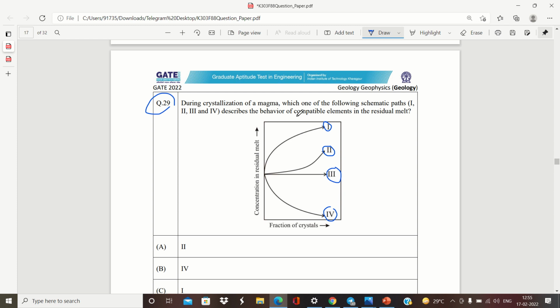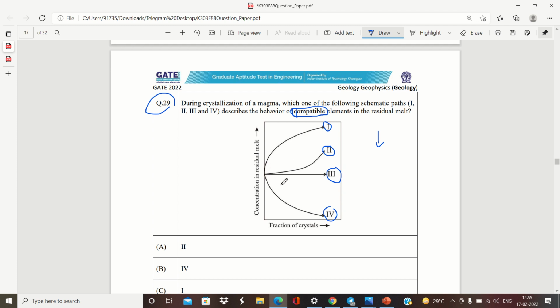So do you know what is the behavior of a compatible element? Compatible starts with C, and C also stands for crystal. So compatible elements are those which prefer to go in the crystal. As crystallization happens, the compatible element will move towards the crystal and the concentration will be lesser and lesser in the melt.